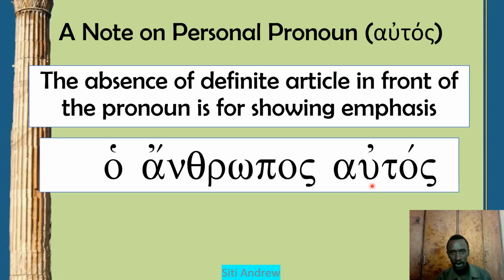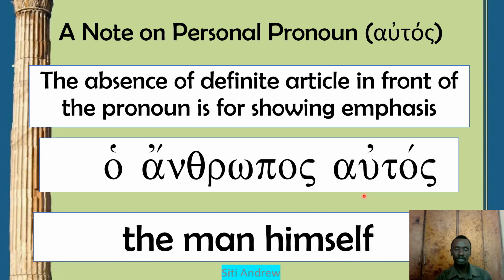And you know that autos is our what? Our personal pronoun, which means he. So mind this note: the absence of a definite article in front of the pronoun, you see autos does not have a definite article, then you know that this personal pronoun is used here for emphasis.